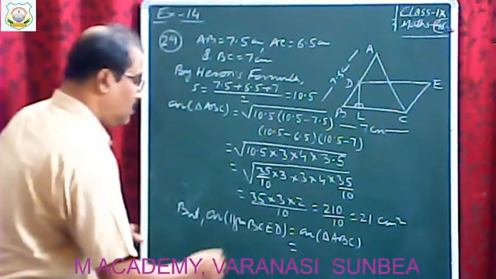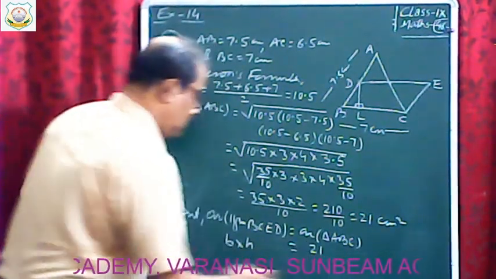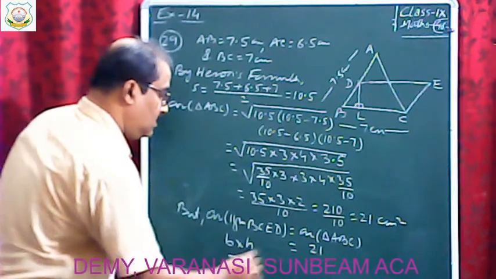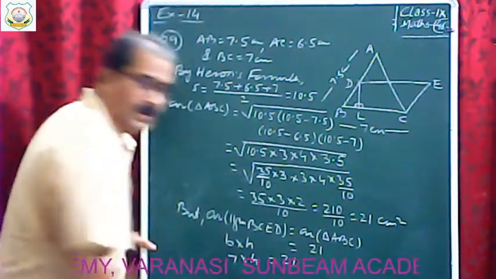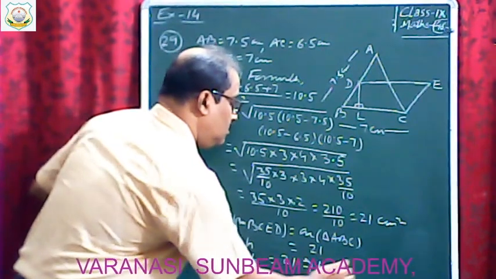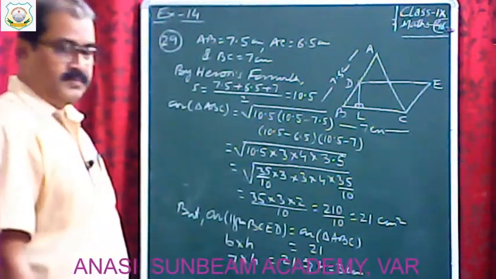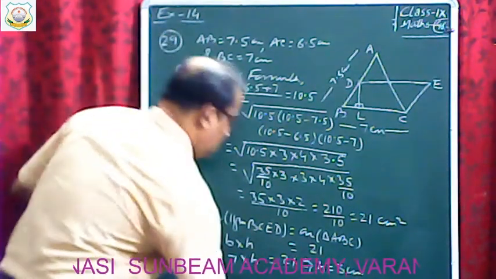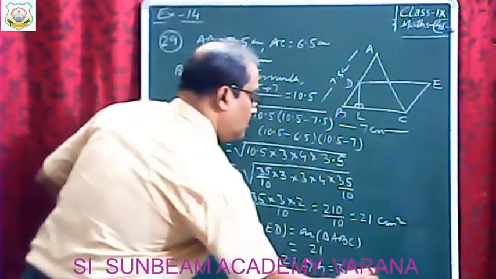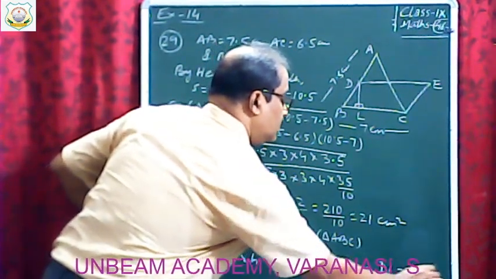Area of parallelogram, that is base into height, equal to 21. So base is 7 given, height equal to 21 by 7. We get h equal to 3 centimeter finally. So height of the parallelogram, that is DL, equal to 3 centimeter.